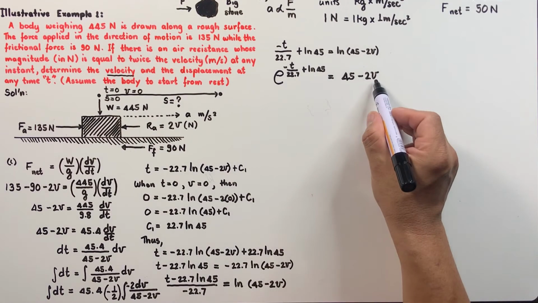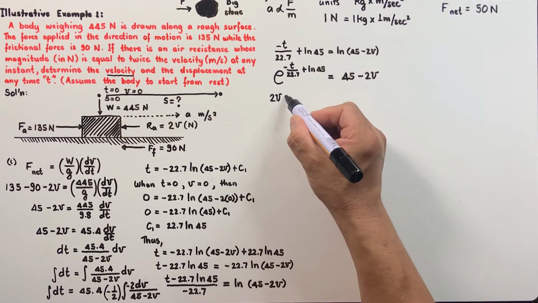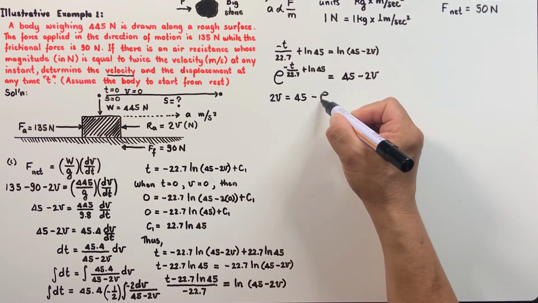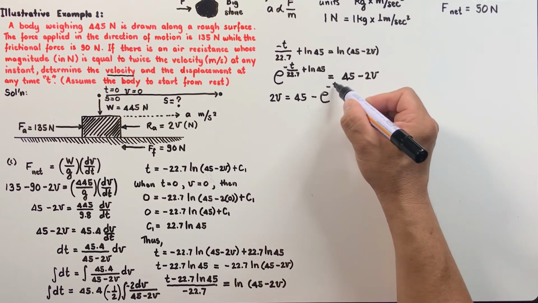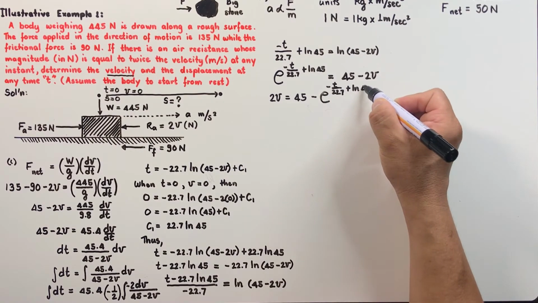So solving for v, we isolate 2v at the left. So 2v is 45 minus e raised to the exponent of t over 22.7 plus the natural log of 45 here.